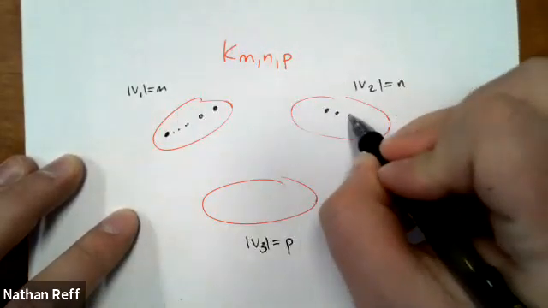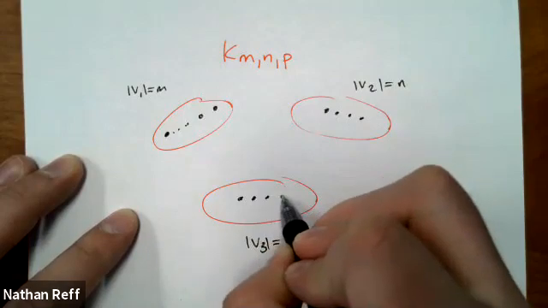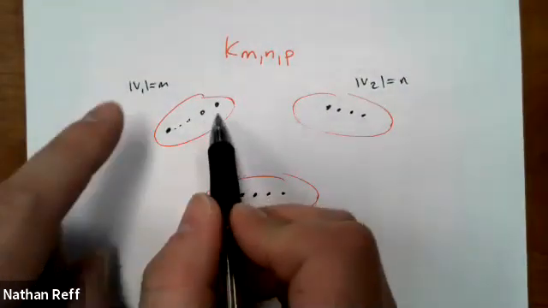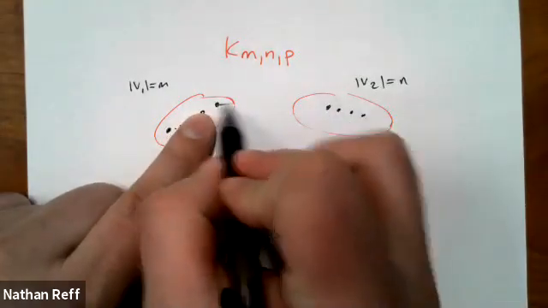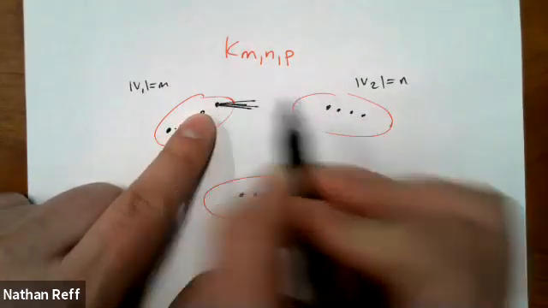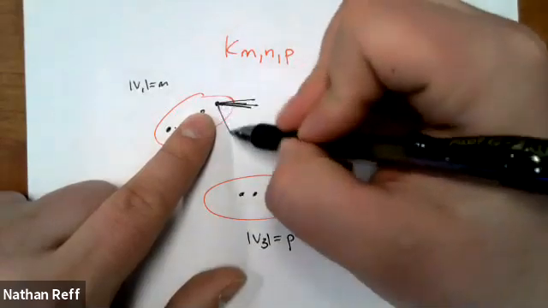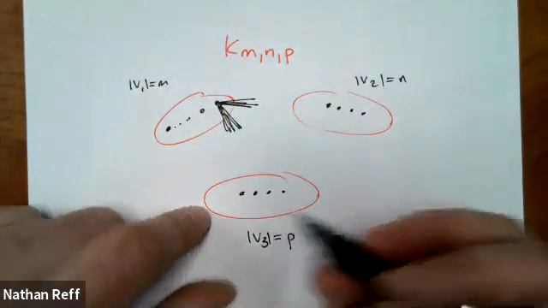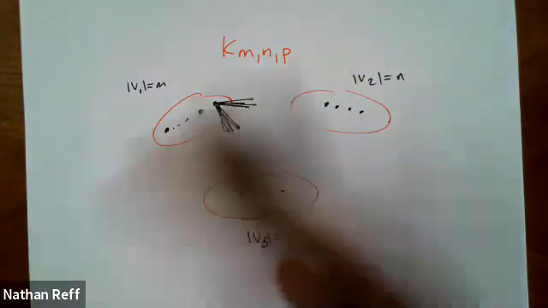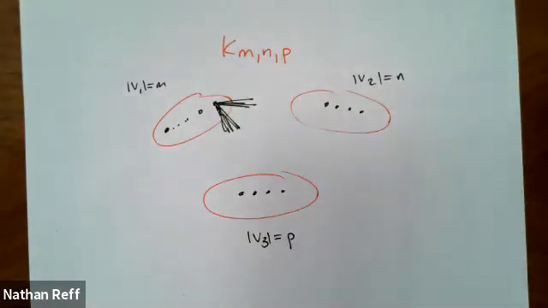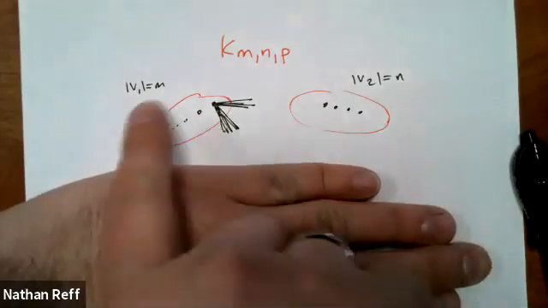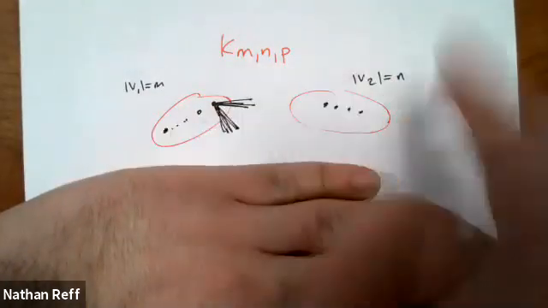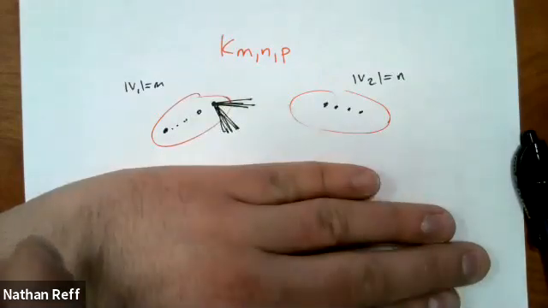This vertex is going to have N things coming out to be connected to these guys, and P things coming out to be connected to this one over here. You could do this a bunch of different ways. One way is to count the number of edges going between these two. That's like a bipartite graph, which you just did in part A.